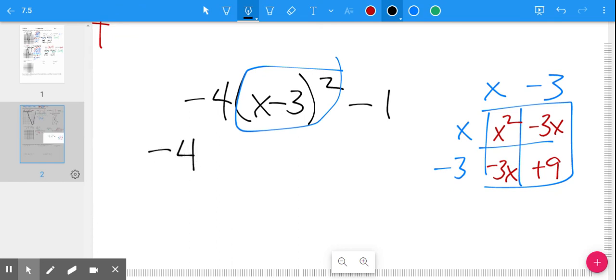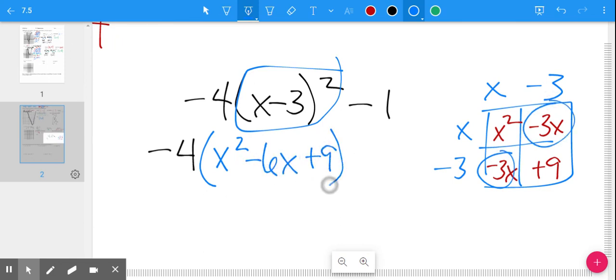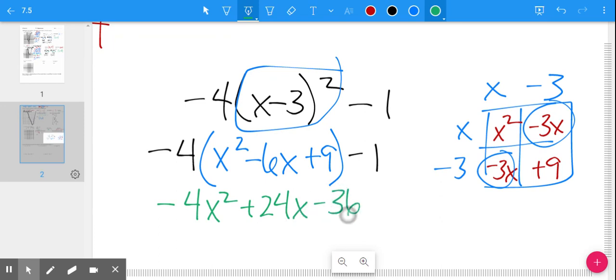So we're left with x squared, combine like terms, minus 6x plus 9. And make sure you put it back into that formula. So I'm going to distribute that -4, which leaves me with -4x squared plus 24x minus 36.